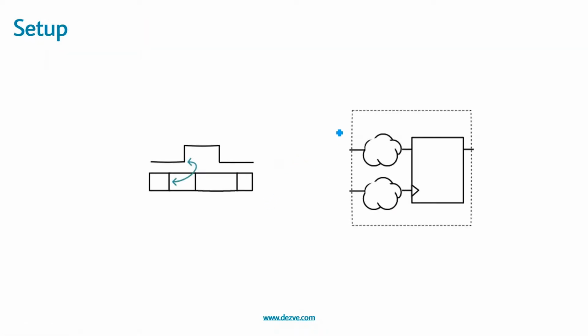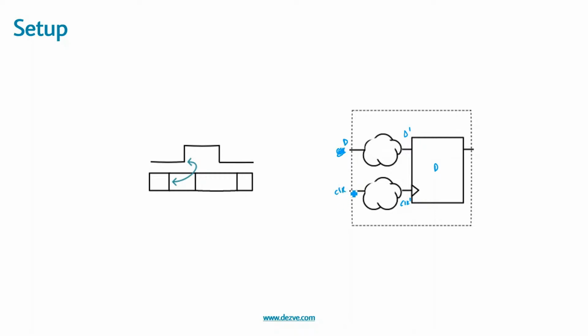So let us assume this is our D flip-flop from the previous slide. For simplicity on this slide, we are concerned about setup and hold, so we have not taken into account the asynchronous signals. Let us assume this is D prime and this is clock prime. Sorry, this is the D and this is the clock.